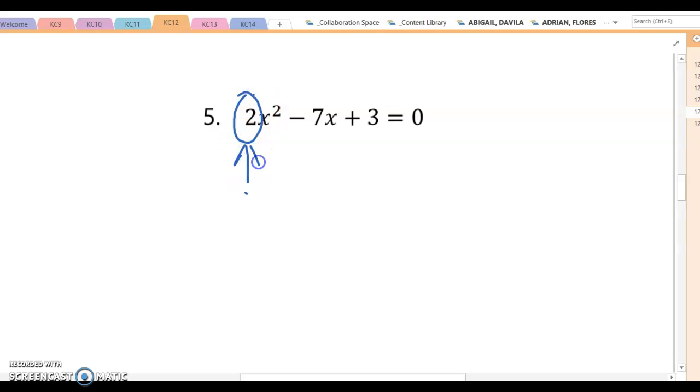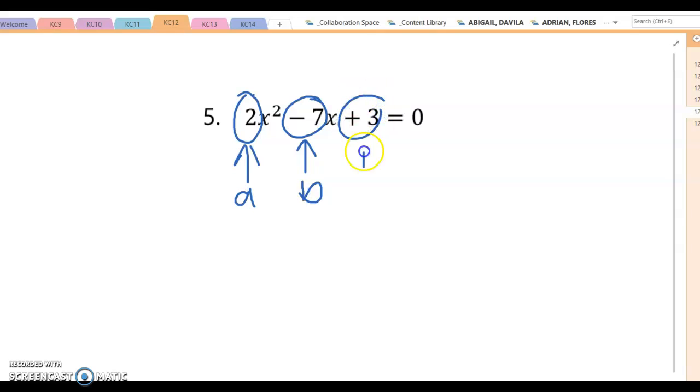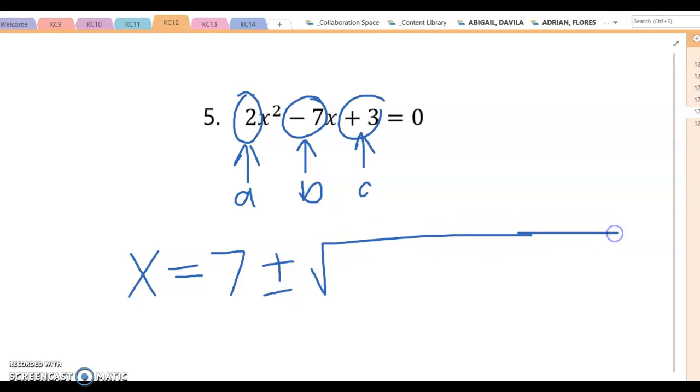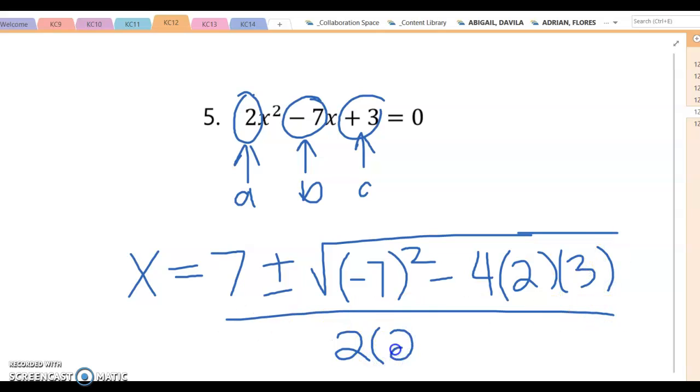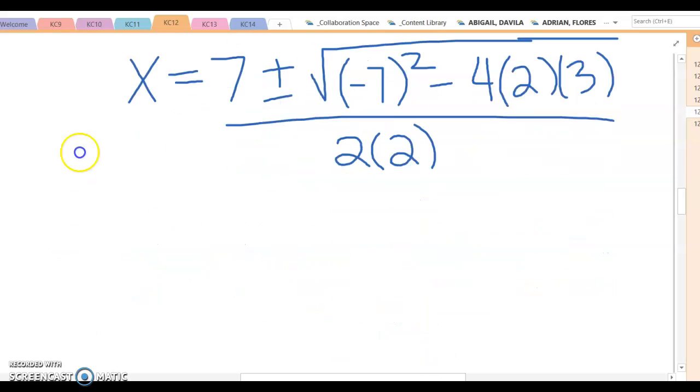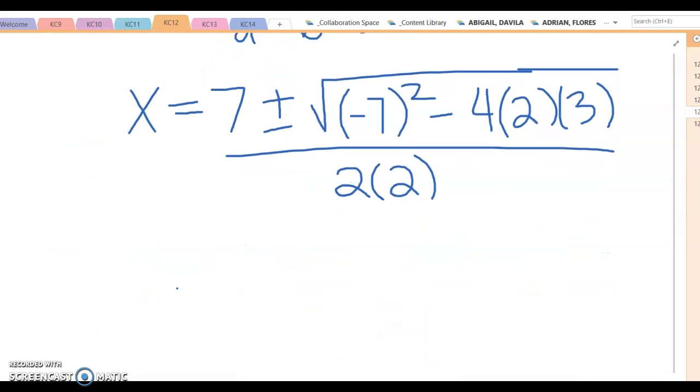So your a is 2, your b is -7, and your c is 3. So we have x equals -b. So -(-7) is +7, plus or minus the square root of b squared, so -7 squared, minus 4ac. So a is 2, c is 3, all over 2a, and a is 2. Right, so now we just keep simplifying what we've got.